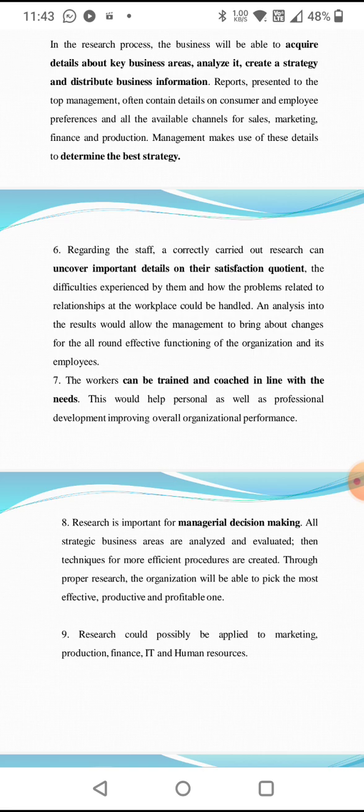The workers can be trained and coached in line with their needs. This would help personal as well as professional development, improving overall organizational performance. It also leads to individual performance and then an increase in organizational performance also.